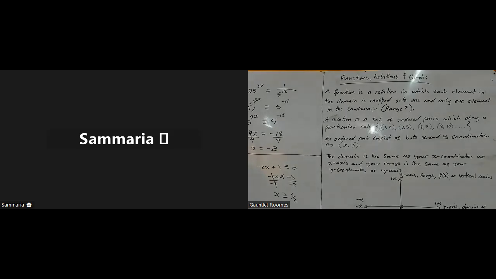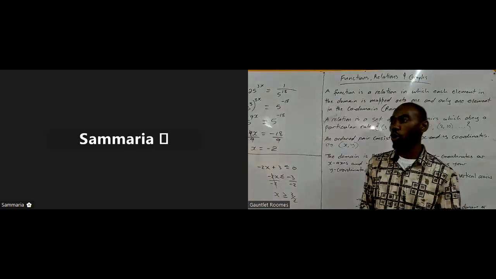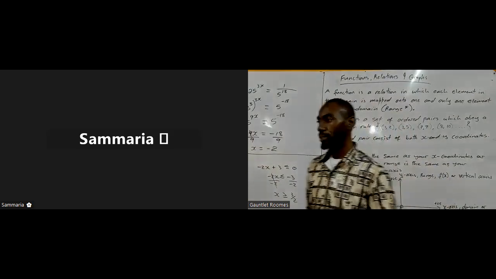Now, what is a function? A function is a relation in which each element in the domain is mapped onto one and only one element in the range, or we call it the co-domain.